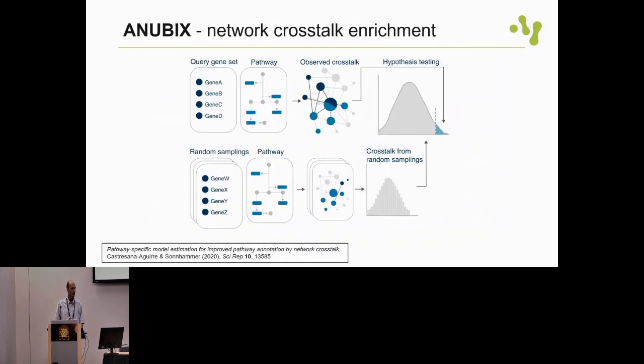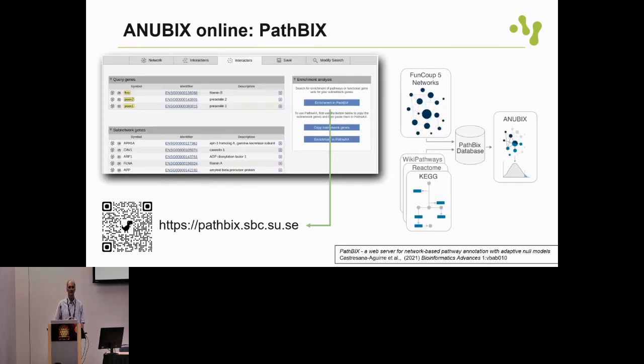On the network crosstalk enrichment, we developed another method, not going to talk about that, which has a very nice null model that behaves well because the pathways are kept intact, so there's no strange bias going on, which some methods have a problem with. And there's an online tool for this method that's called PathWix.